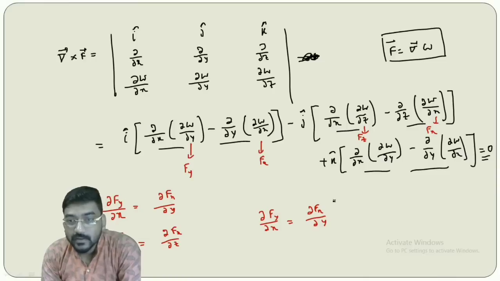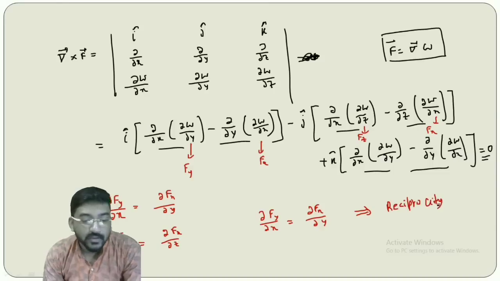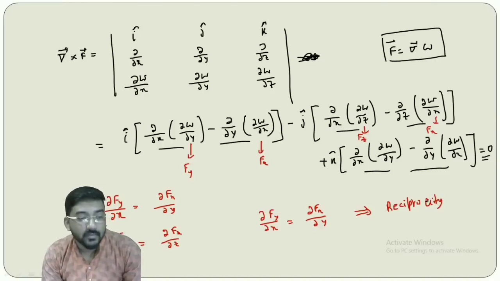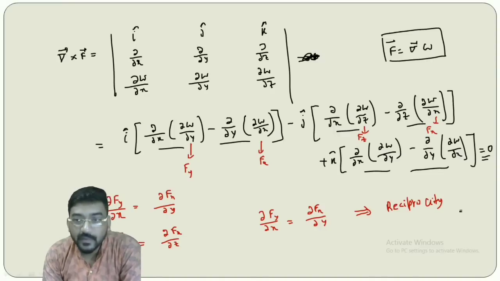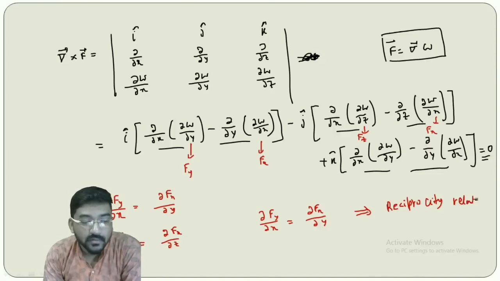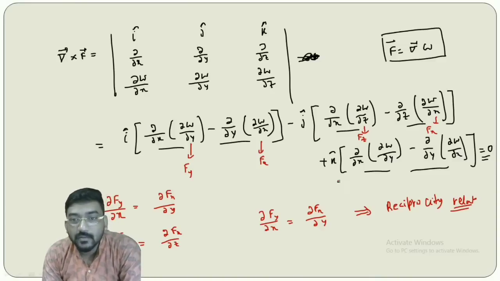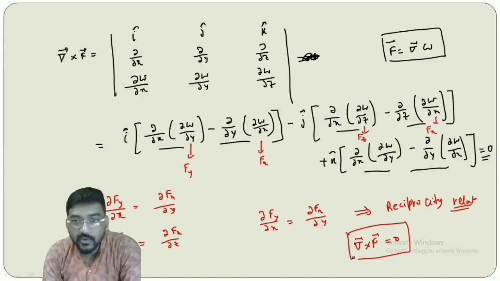In thermodynamics, this relation is known as the reciprocity relation. And in mechanics, this is nothing but curl, which symbolizes that curl of f is equal to 0.